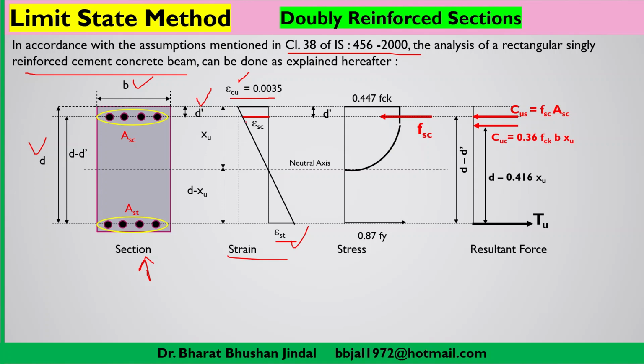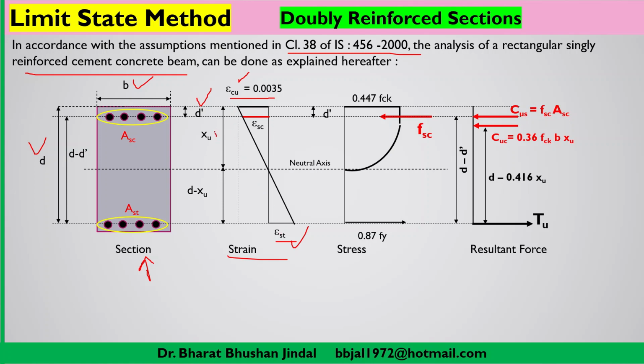Now you can see this red color line, that is at the level of the compression steel. So we can calculate from these two similar triangles the strain in the steel in compression. So here epsilon SC we can calculate from this triangle with the help of triangle law.